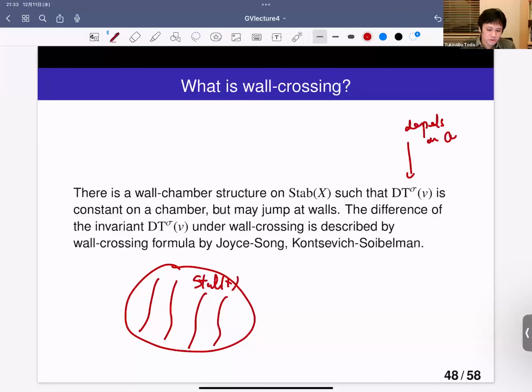They are constant on each chamber, but if you cross a wall, then the invariant changes. The difference of the invariants is described by the wall-crossing formula. In general, this is a combinatorially quite complicated formula, but anyway, there is such a formula we can apply.